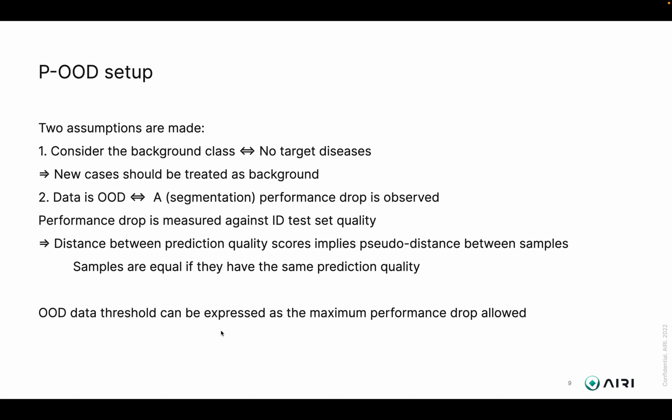We measure the prediction quality on some test ID dataset. If some data produces different quality, there is a difference from the test set that should be detected. In this way, we can measure the distance between images using any metric in the performance space.